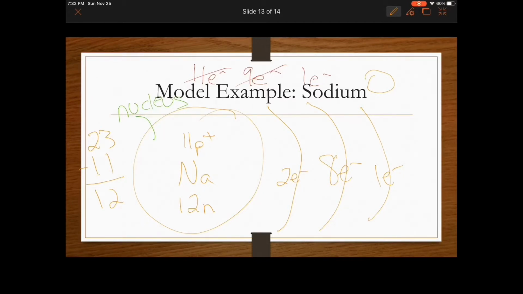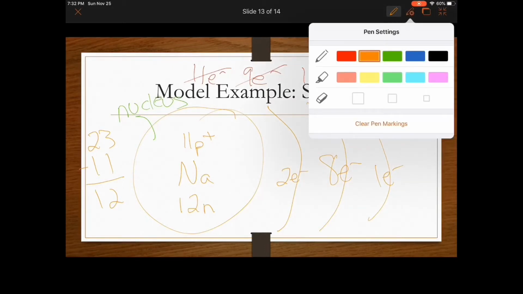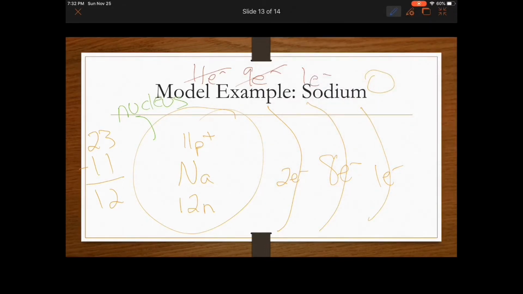So the important thing is don't forget to label. Make sure that you are identifying and putting in the right number of electrons in each energy level. So the max number is as high as these energy levels can go. The first energy level can have anywhere between 1 and 2 electrons.